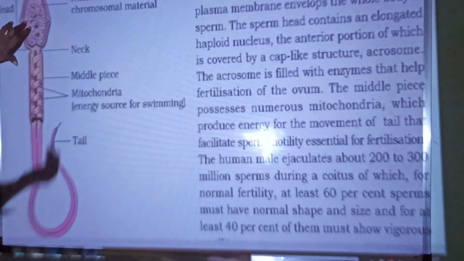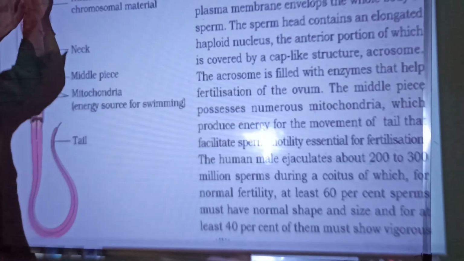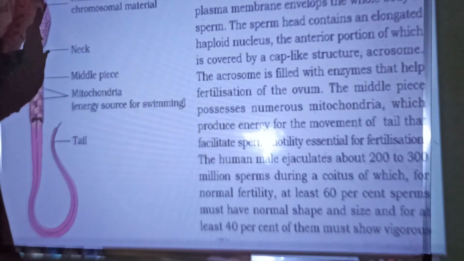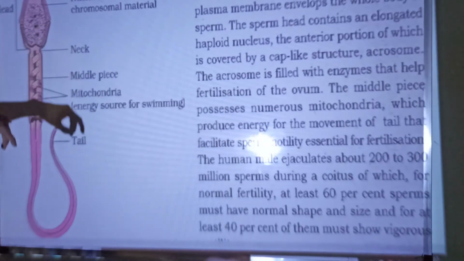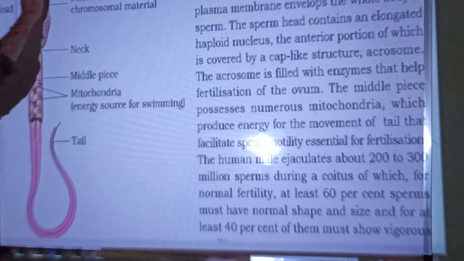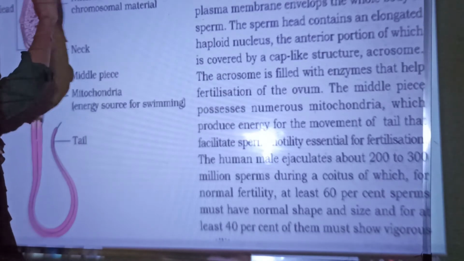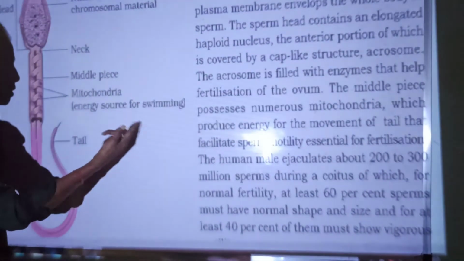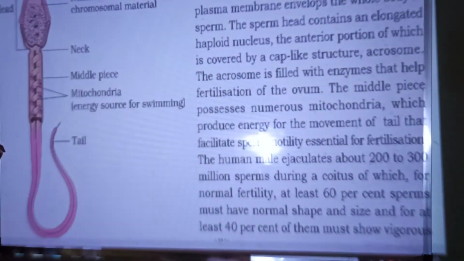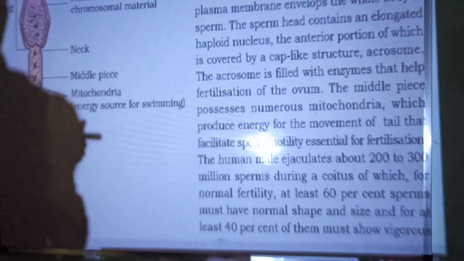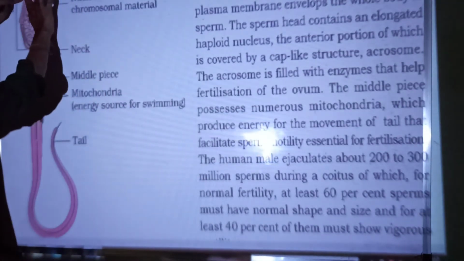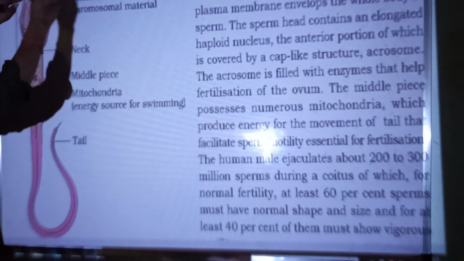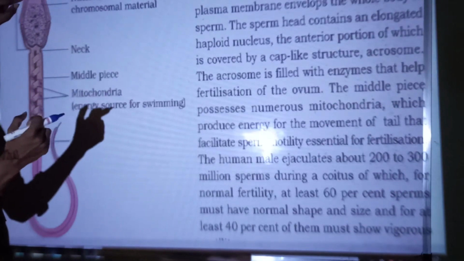Okay, and the anterior portion of the head is filled with the enzyme that helps in the fertilization of the ovum's outer wall, the female ovum's outer wall. So the head part of the sperm has a cap-like structure, which is filled with a very important enzyme.